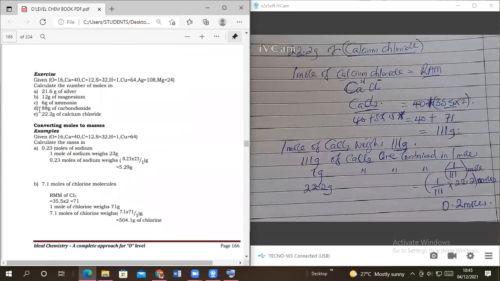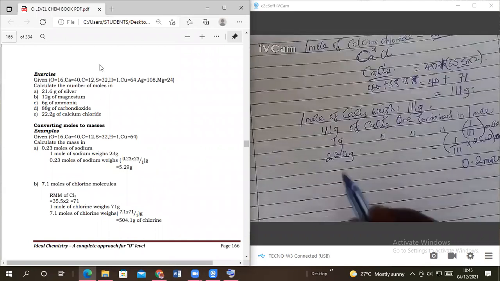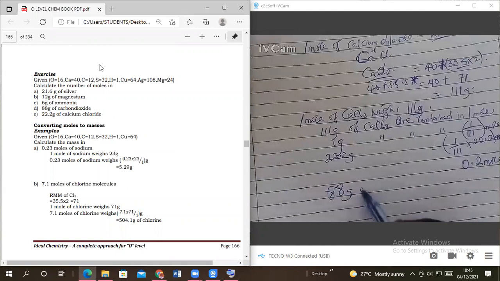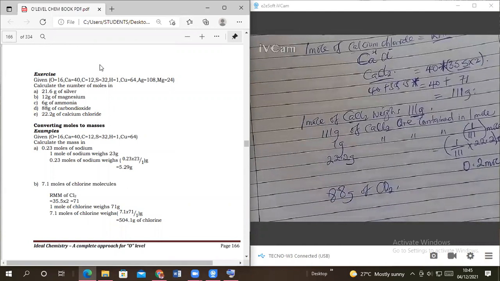Can somebody get for me the number of moles in 88 grams of carbon dioxide? Start with 1 mole of carbon dioxide is equal to the relative atomic mass of that. Then rewrite the statement starting with the grams you have got for easier access to the question.